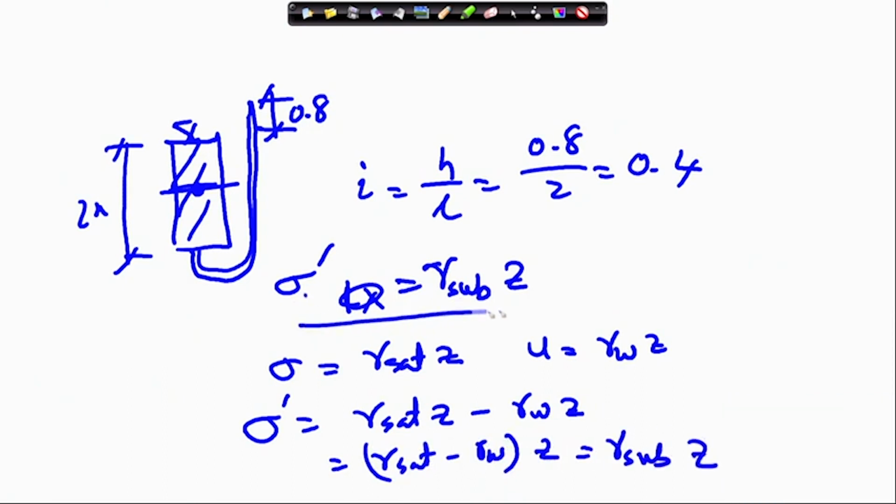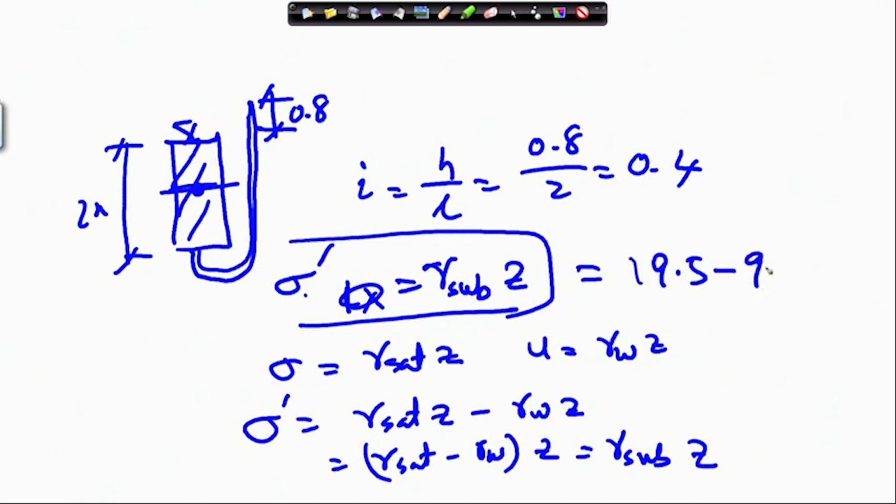So, sigma dash is gamma submerged into Z. Gamma submerged: 19.5 is given as the saturated unit weight, and you have to subtract 9.81, and Z is 1 since the total depth is 2 meter and this is the middle of the layer. So, at 1 you have to multiply. That gives you the effective stress.